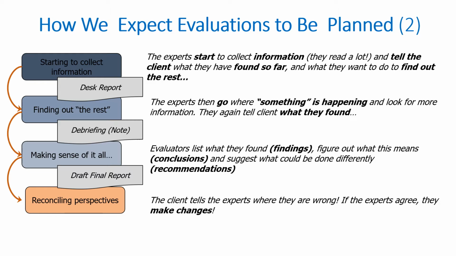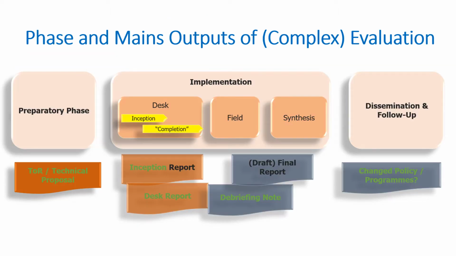The client may have some ideas that they felt should have been covered, and these will be picked up on by the evaluation team. Eventually, we're ending up in a final report. So that sort of is a fairly standard process we go through in a fairly standard evaluation.